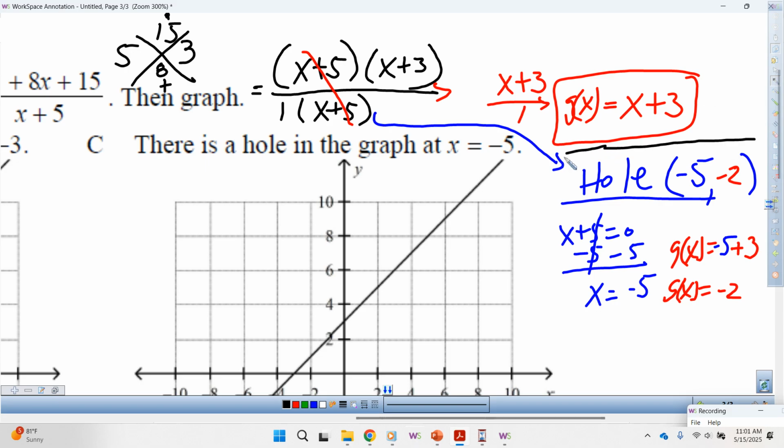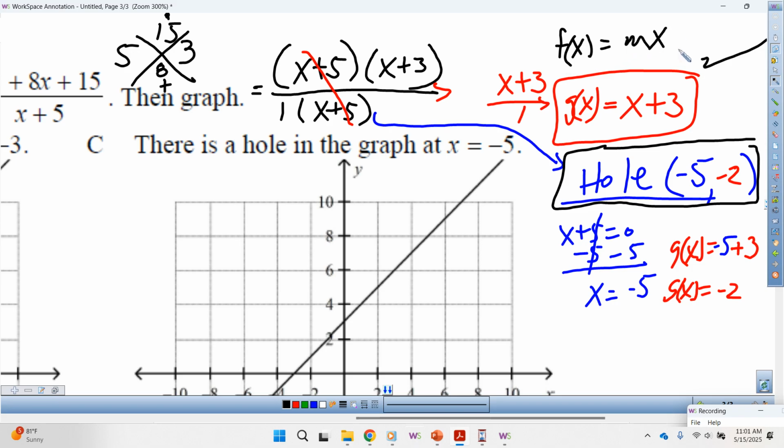We have a hole, and we have this function simplified to our new function. So question, do we know how to graph this? Look up. Yes, Mr. Q, because it comes from f of x equals mx plus b, where the m is our slope, and the plus b is our y-intercept.